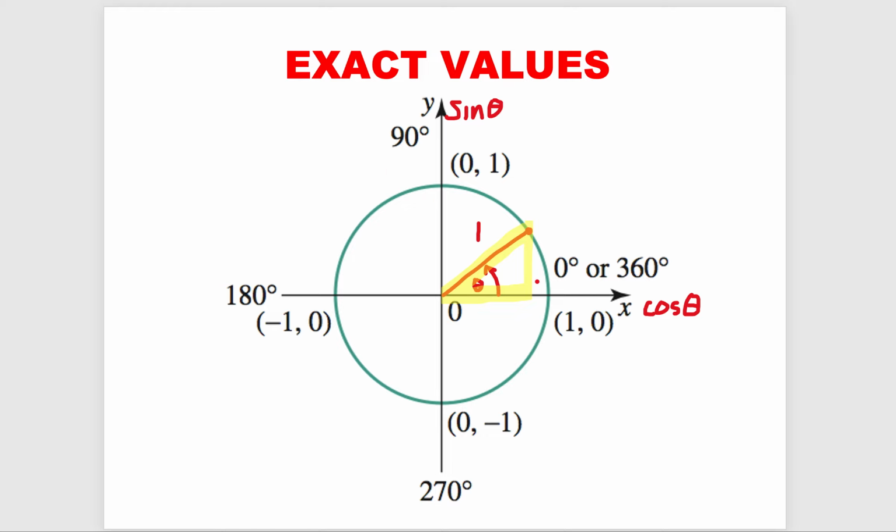And so the opposite side is going to be given by sine theta, because sine theta equals opposite over hypotenuse, which really just becomes sine theta equals opposite over 1. So the opposite side is actually sine theta, which is the vertical side. Hence sine theta comes from the y values. And if we're considering the horizontal distance, it's cos theta equals adjacent over 1, and therefore cos theta equals the adjacent side, which is the horizontal distance. So main thing to keep in mind there, cos theta we read from the x-axis, sine theta we read from the y-axis.